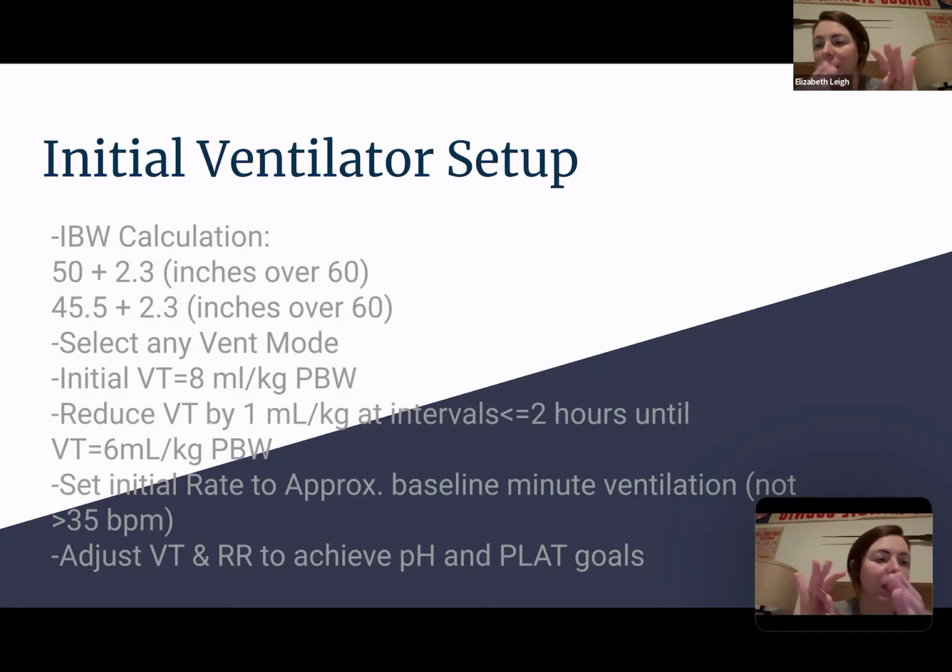So it's really that stair-stepping, that gradual decrease that they're looking for. Then set an initial rate to the approximate baseline minute ventilation, as long as it's not exceeding 35 breaths per minute, and adjust the tidal volume and respiratory rate to achieve an optimal pH and plateau pressure.